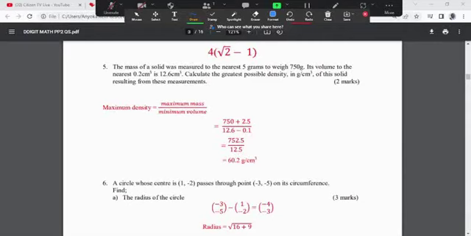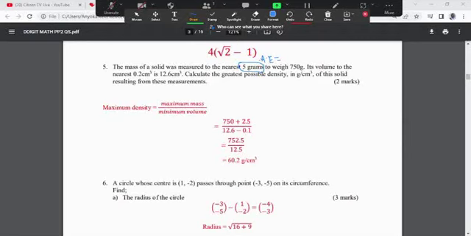This is a question on approximations and errors in form 3. To the nearest, this is the level of accuracy. And to get the absolute error, it is always equal to the level of accuracy times a half.